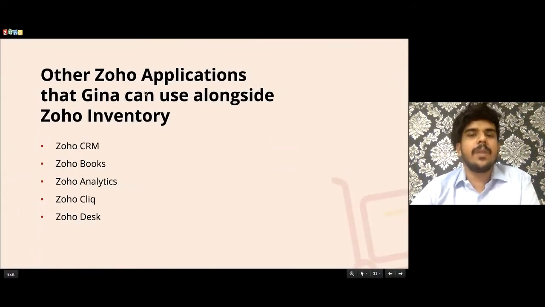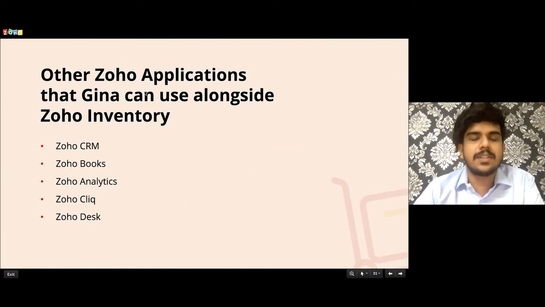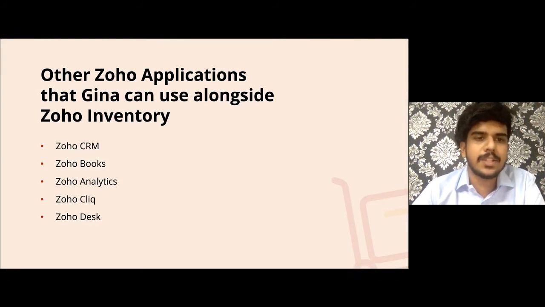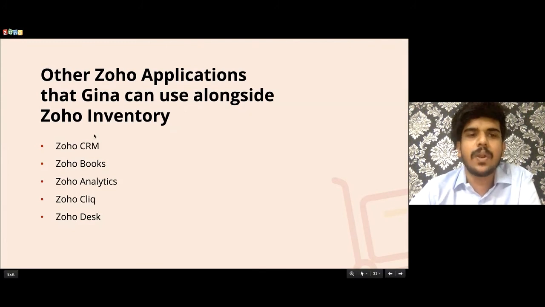So we will also take a look at the other Zoho applications that Gina can use alongside Zoho Inventory. So we have Zoho CRM, our customer relationship management tool. If she has a lot of customers and she wants to manage her customer base, she can go for the Zoho CRM integration with Zoho Inventory.